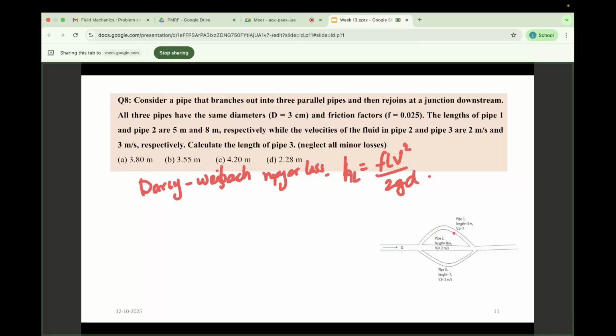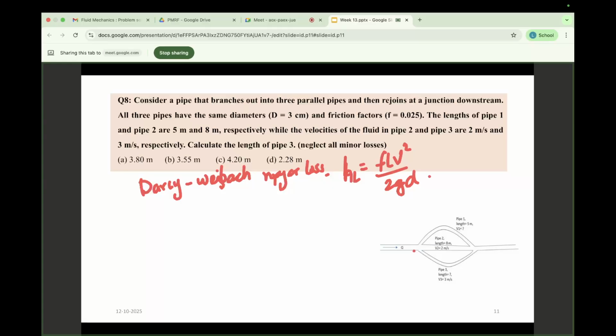If I take pipe 1 and pipe 2, you just compare the head loss. As these head losses are equal, you compare other parameters. Similarly, you can also compare pipe 1 and pipe 3 or even pipe 2 and pipe 3, right? You will get the answer, because ultimately your objective is to find the length of pipe 3.